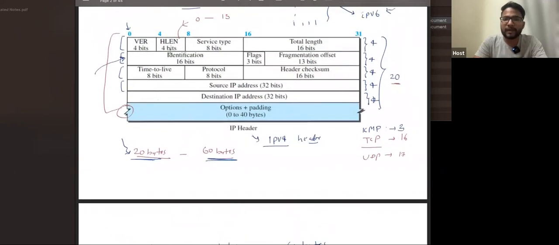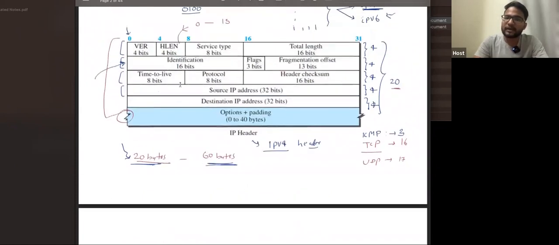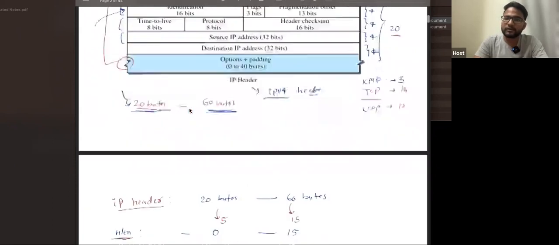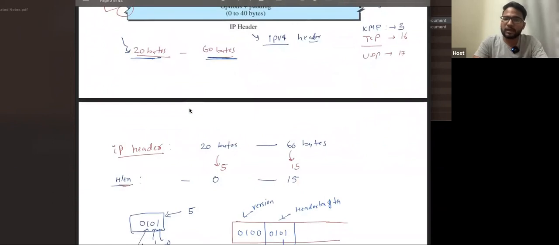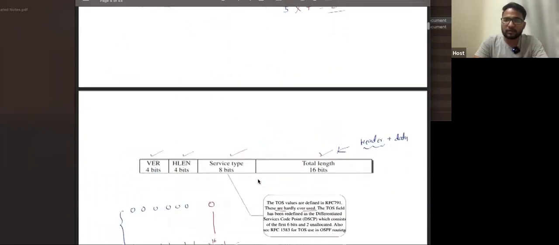That is why whatever the actual header length is, I need to divide it by 4 so that I can represent it in the header length field. That is already given in the lectures. Suppose the actual header length is 20, then I will write just 5. If the actual length is 60, then I will write 15, like that.